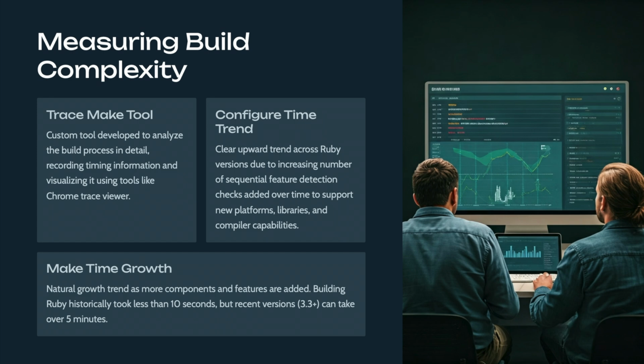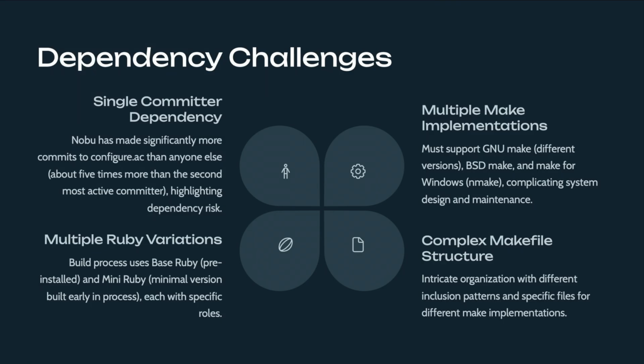While GNU Make is common today, the build system also needs to work with older versions, like GNU Make 3.81, which was the default on older macOS versions for a long time, and also BSD Make, and of course, NMake on Windows. Each of these tools has slightly different syntax, different capabilities, and the build system has to somehow accommodate all of them. Right, different dialects of make. That sounds tricky. How do they manage that?